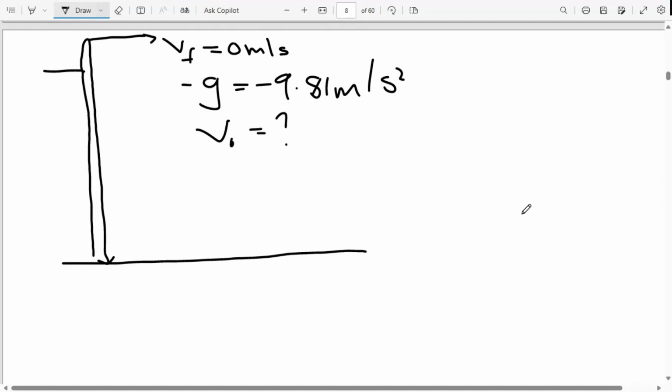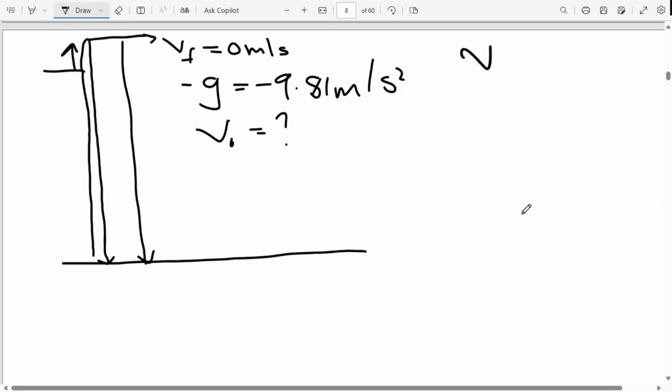You calculate this one. Then you also take the motion from the top of the building up to the ground. Using the data up to that point, you can calculate the maximum height that this object is going to travel. Then you start from the topmost point.